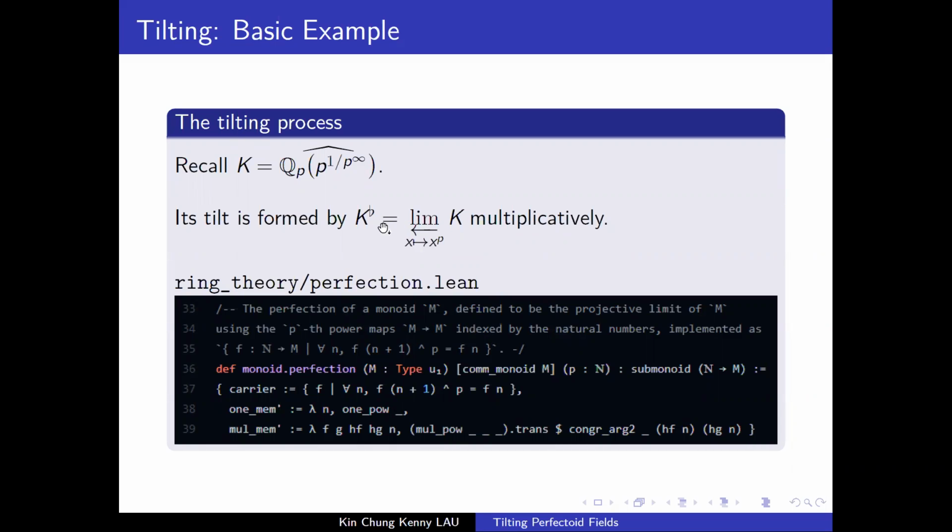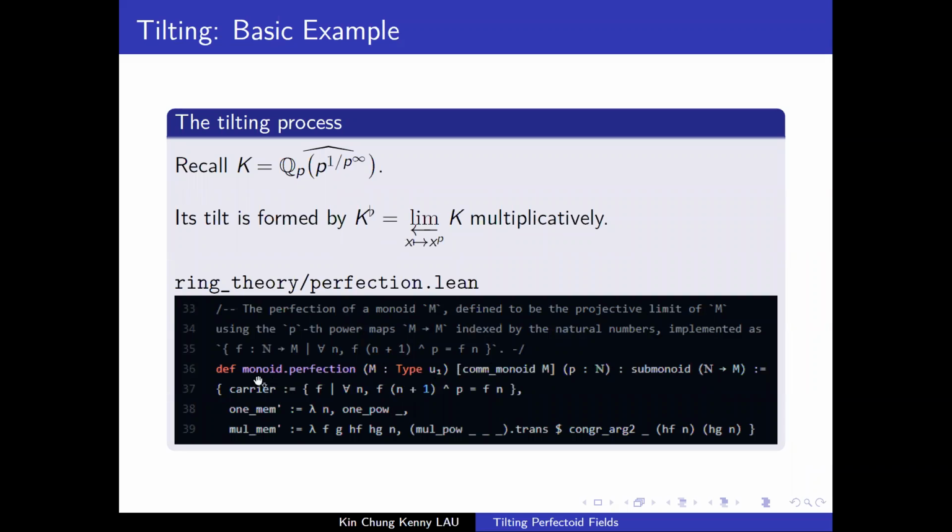What this means is that once you tilt it, you will get a field of characteristic p, and if you tilt it again, it will do nothing. Because if you have a field of characteristic p here, and this map is an isomorphism, then the inverse limit will just be isomorphic to the original thing. So this tilting is an idempotent functor.